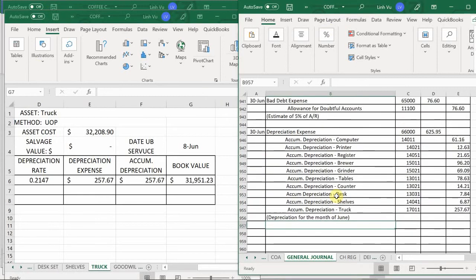So we're going to the ledger to journalize everything. Okay.